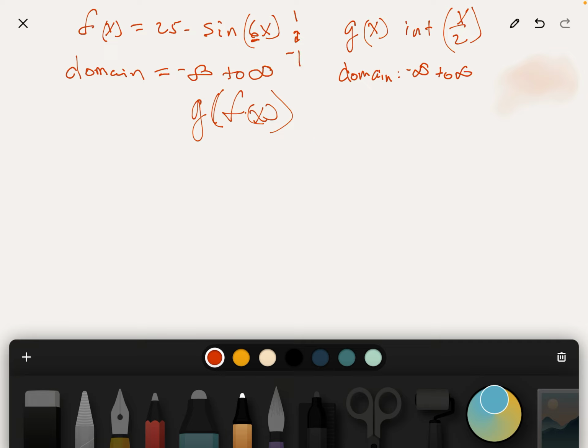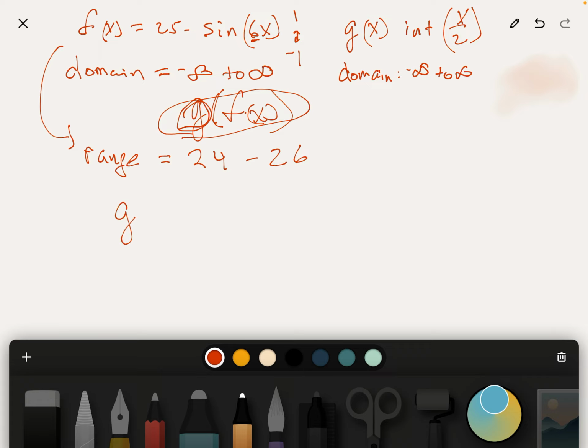And that means that the range of the entire function is 24 to 26. And that range, 24 and 26 and all real numbers in between, becomes the domain of the g portion of this combined function.